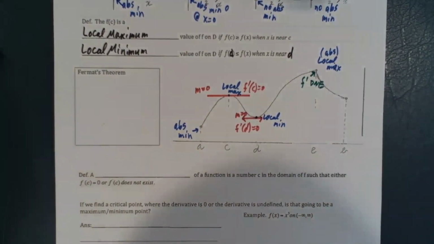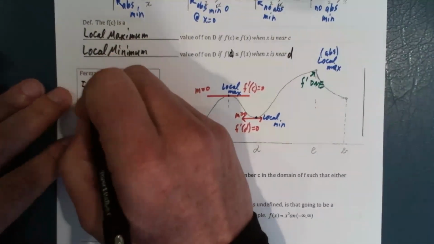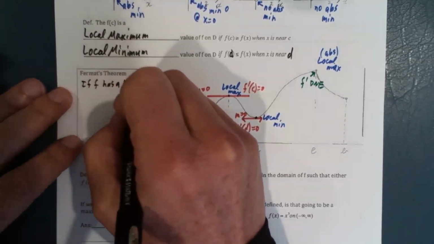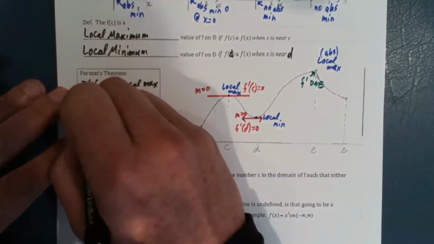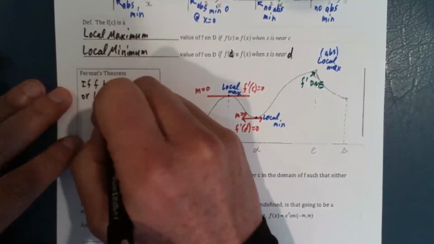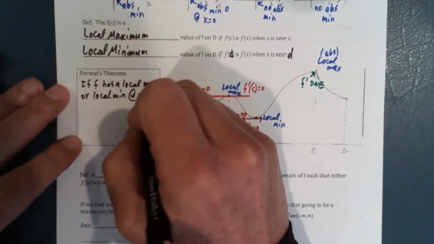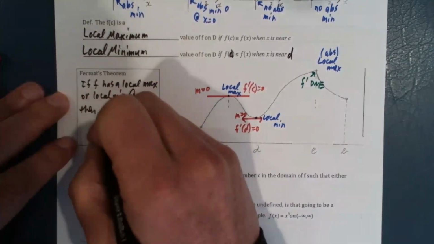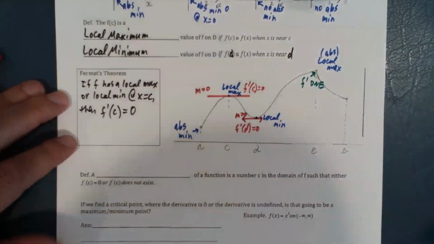All right, let's talk about Fermat's theorem. If f has a local max or min at x equals c, then f prime of c equals 0.